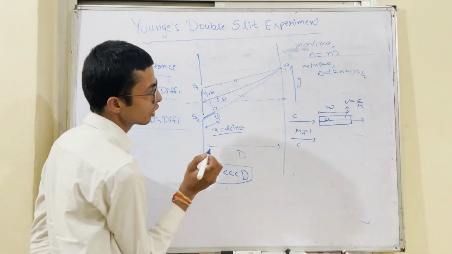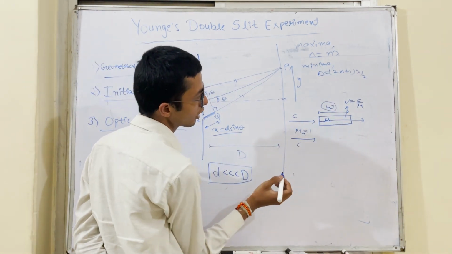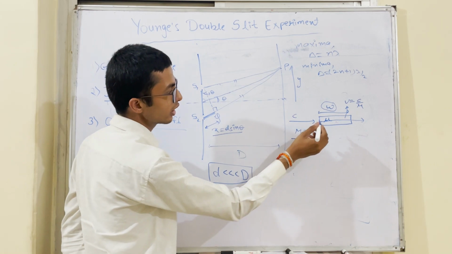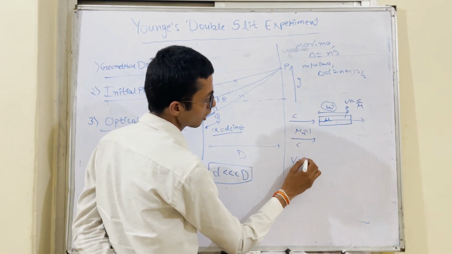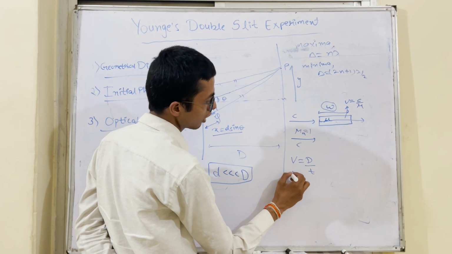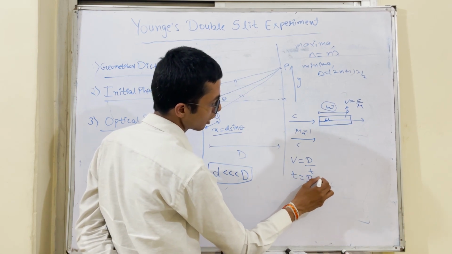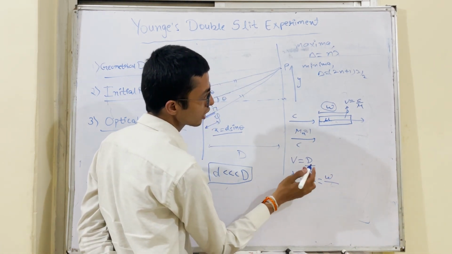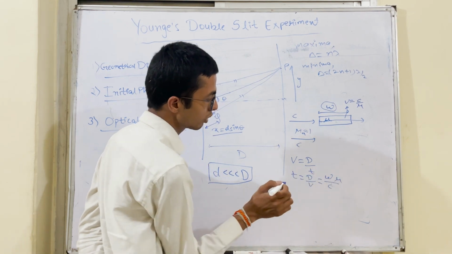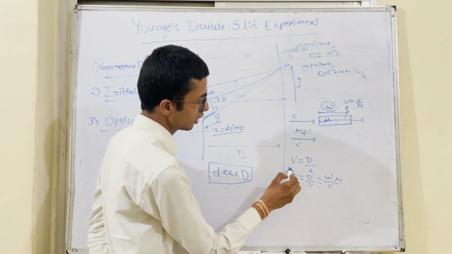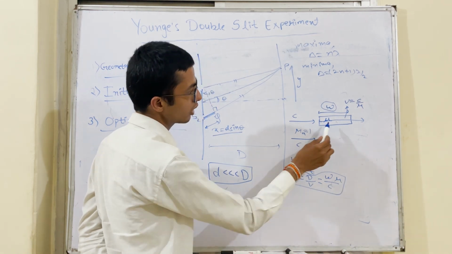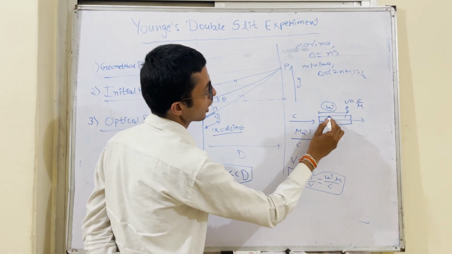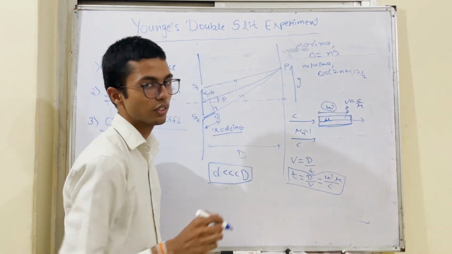So for traveling this width w, how much time will this wave take? We know velocity equals distance over time, so time equals distance divided by velocity. Distance is this width w, and the velocity is c by mu. This much time this wave will take to travel through this slab of refractive index mu.